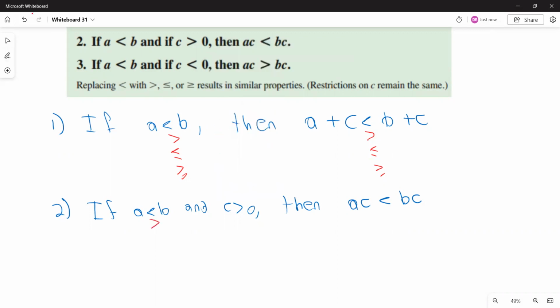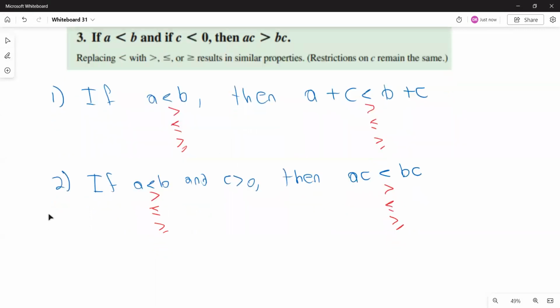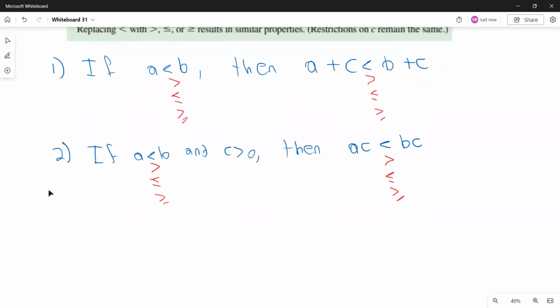So if it's greater than, the inequality is preserved, or less than or equal to, or greater than or equal to, the inequality is preserved. And number three, if we multiply by something negative, the inequality is reversed.